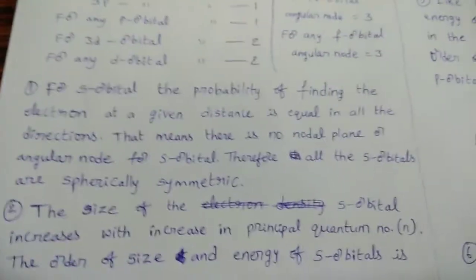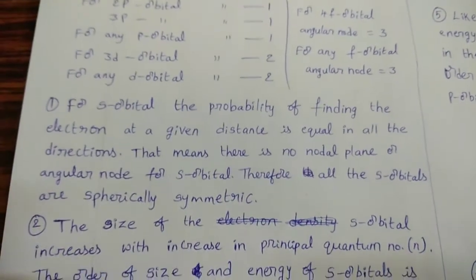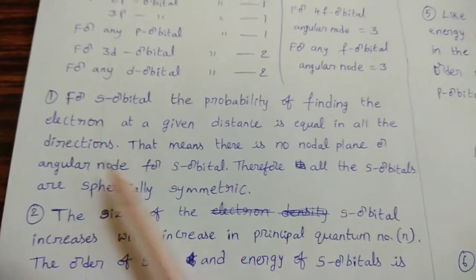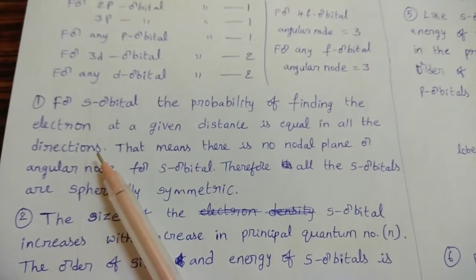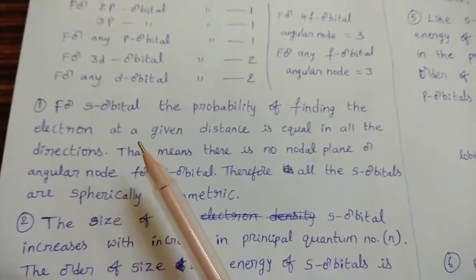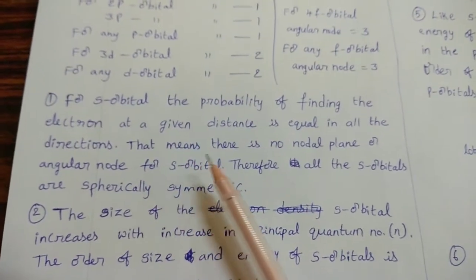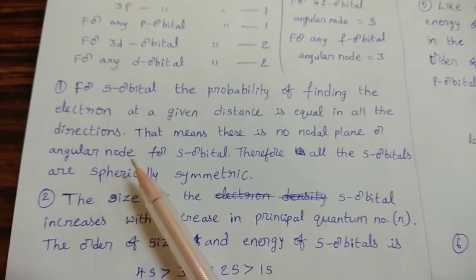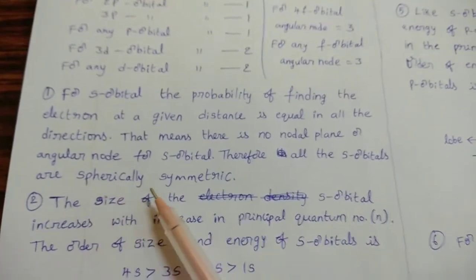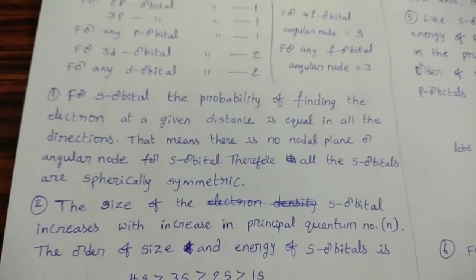Next, see the important points. For s orbital, the probability of finding the electron at a given distance is equal in all directions. That means around the nucleus, the probability of finding the electron is equal in all directions along the x, y and z axes. That means there is no nodal plane or angular node for s orbital. Therefore, all the s orbitals are spherically symmetric. So from these nodal planes, we can find the shape of the atomic orbitals.